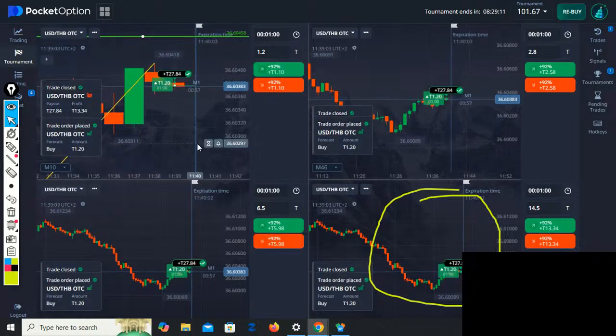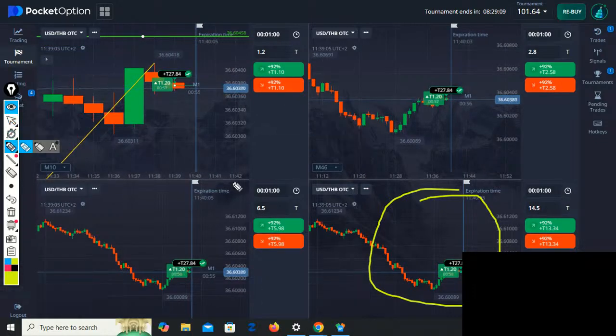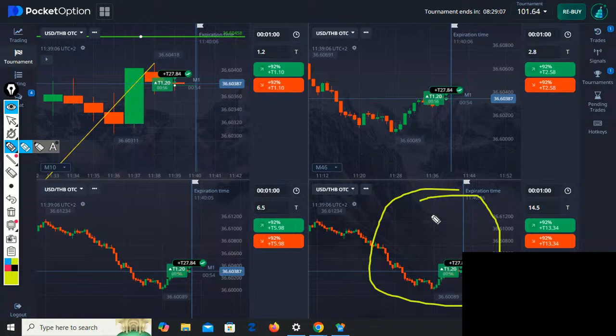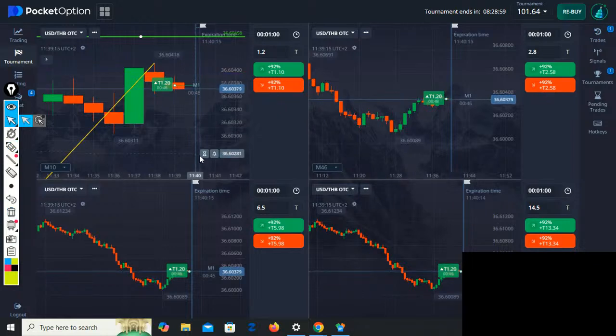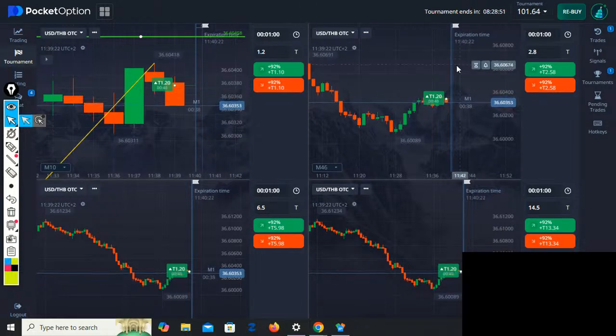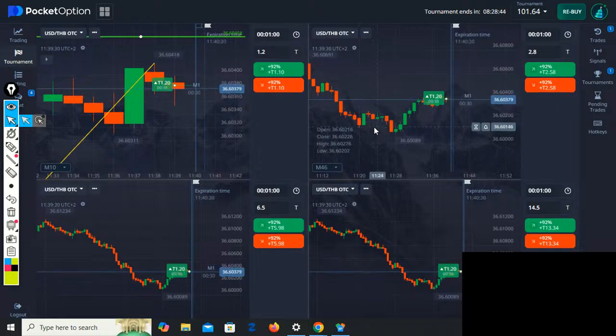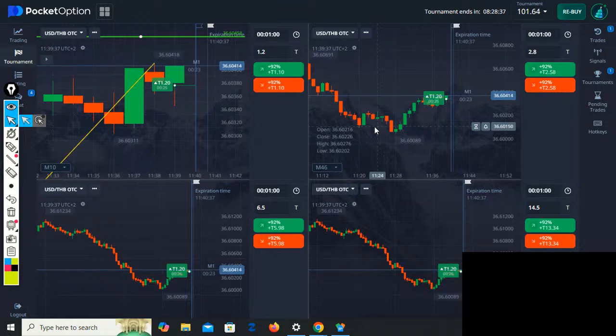Okay, so since we win this one, we go back to the first step, back to buys. So we are in profit already. I've seen many traders, trust me, I'm telling you, liquidate huge amounts using Martingale.